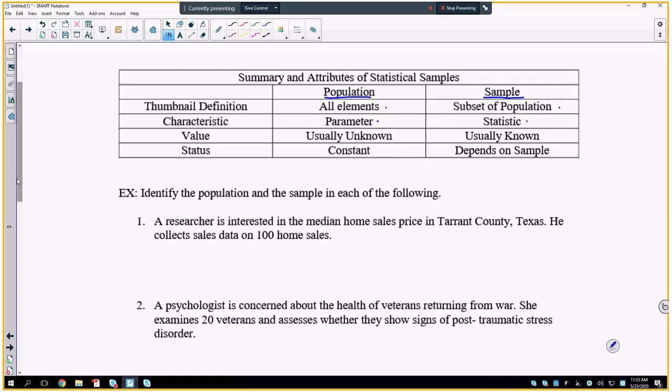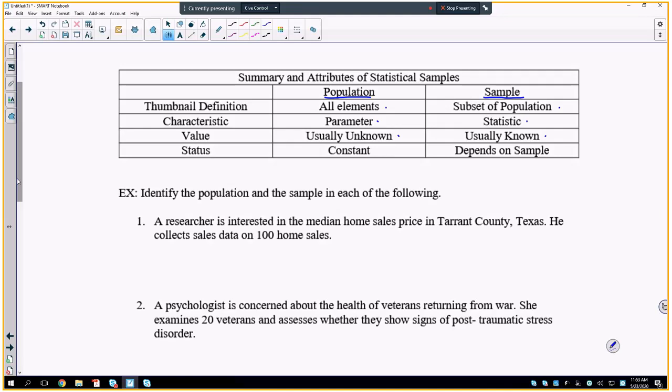The value of a parameter for the population is usually unknown, because as I said, it might not be possible to take a measurement for every single item in a population, whereas the value for the statistic, for the sample, is usually known.